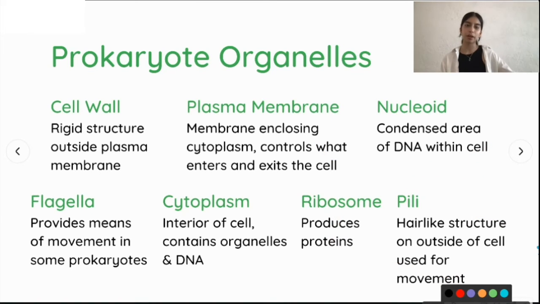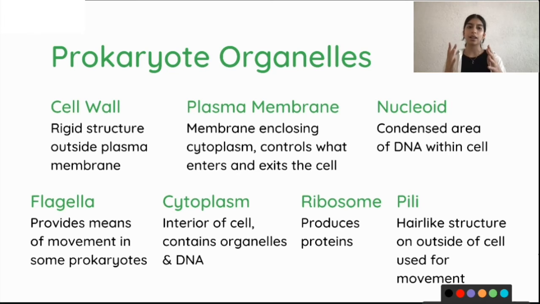So, the prokaryote organelles. These are the cell wall, which is a rigid structure outside the plasma membrane. Then the plasma membrane, which is a membrane enclosing cytoplasm. This membrane controls what enters and exits the cell. The nucleoid is a condensed area of DNA within the cell.